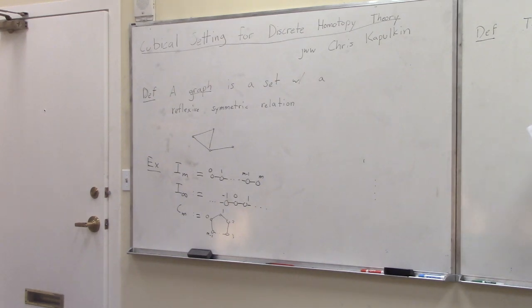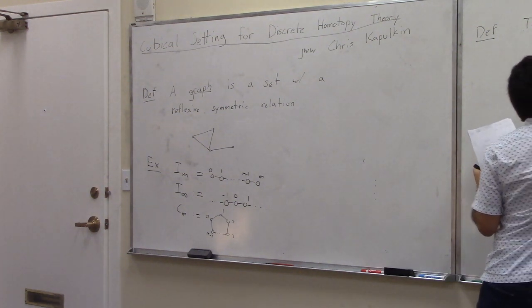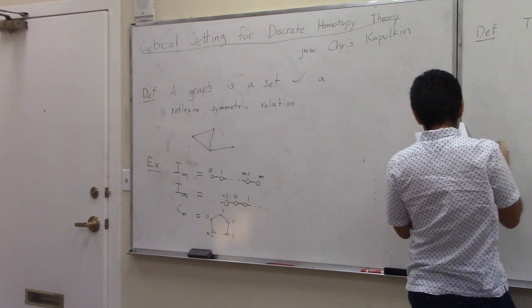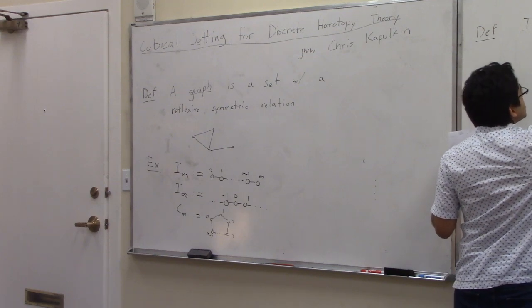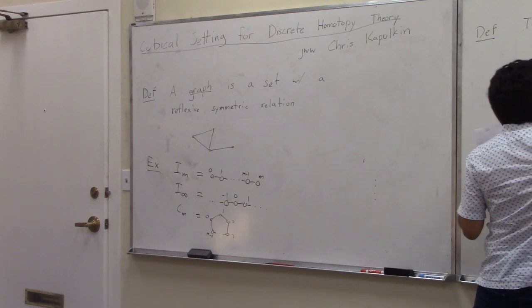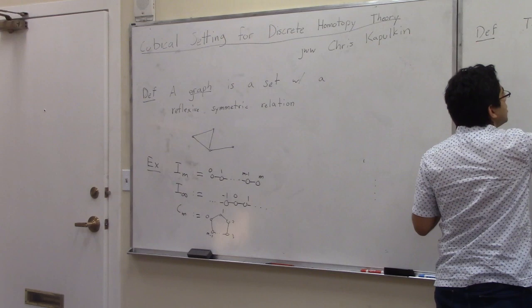So next is the Cartesian product of two graphs G and H. The Cartesian product, which I write with the tensor symbol, will have as vertices pairs, with a vertex in G and a vertex in H. And when are two such pairs connected?